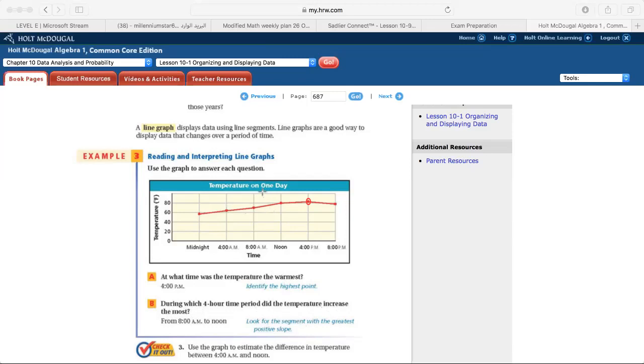From 4 to 8? No, it is going down. From 8 to 4, AM. Greatest slope. I want to show you something.